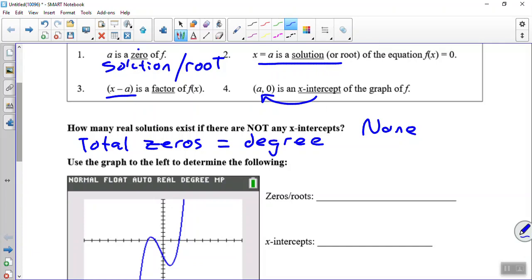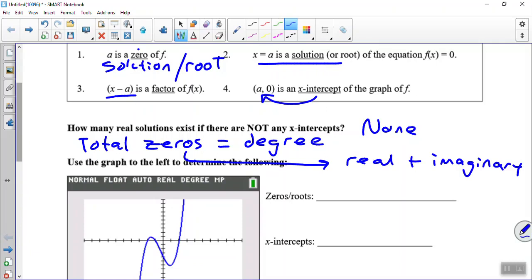You write that in standard form with the exponents in decreasing order. So the highest exponent is the degree of the function. That's how many total zeros there are going to be. They could be real or imaginary, or real plus imaginary.